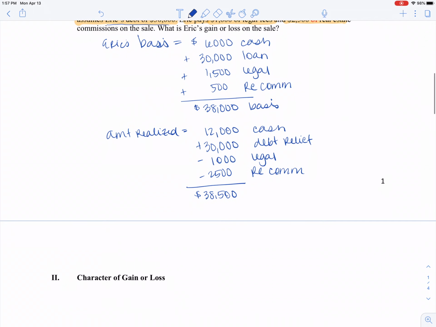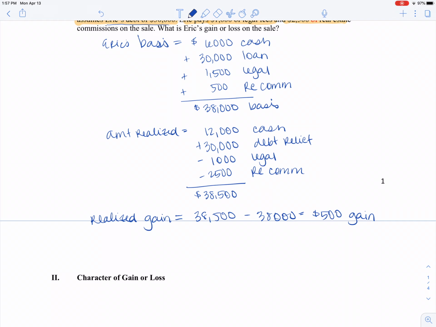Then to calculate the realized gain, it's what did we get? $38,500, our amount realized, minus our adjusted basis of $38,000. We have a realized gain of $500.